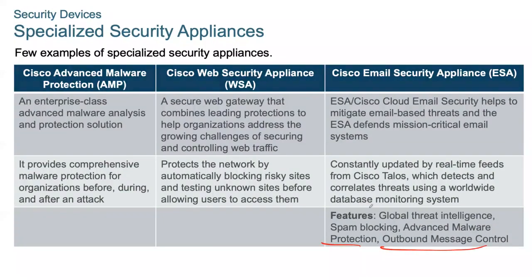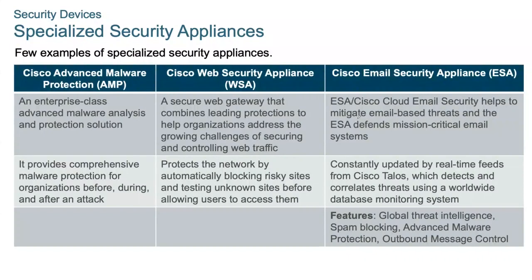These are a few important features of the email security appliances. In spam blocking, there is a multi-layer defense that combines an outer layer of filtering. If any spam is there, it will be separated and will not enter your inbox, and it will ask the host itself whether this mail is trustworthy or not.